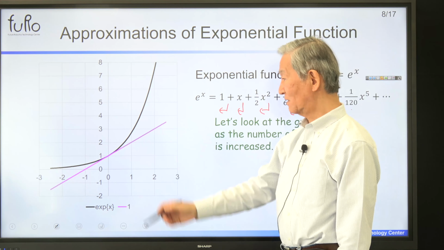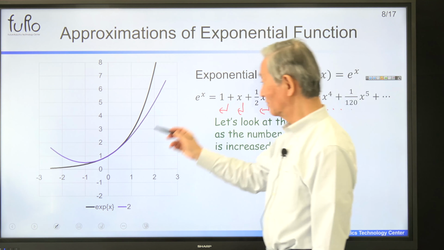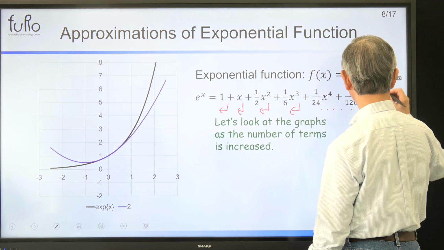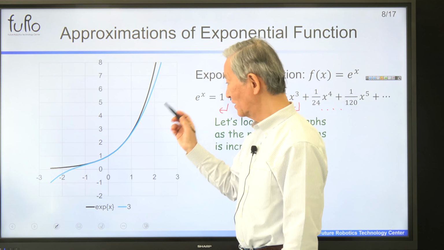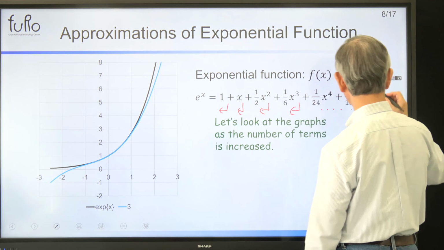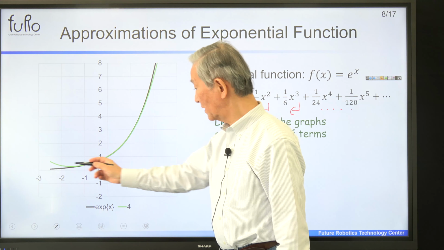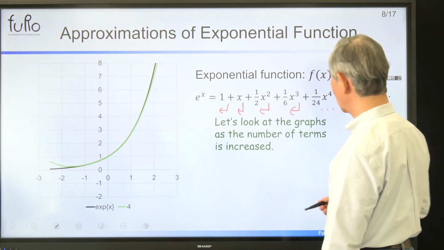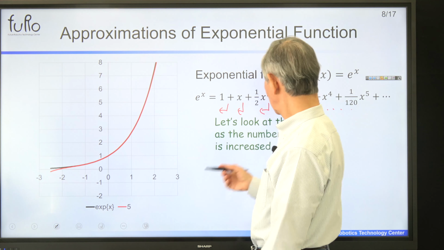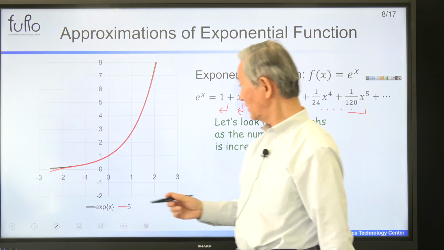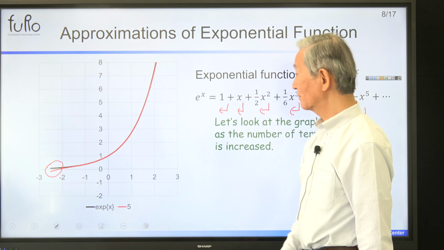Second one, still not really good. Third one, getting better. Fourth one, wow, it's getting close, except for the negative part. The fifth one here, that's up to the 4th power, that's mighty close. And up to the 5th power, you get very close except for this portion here, right?